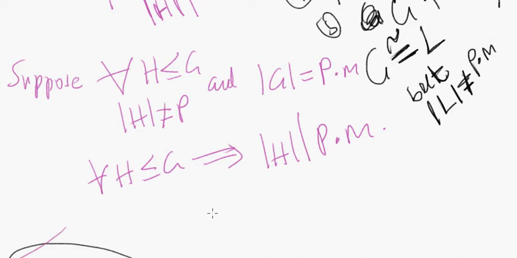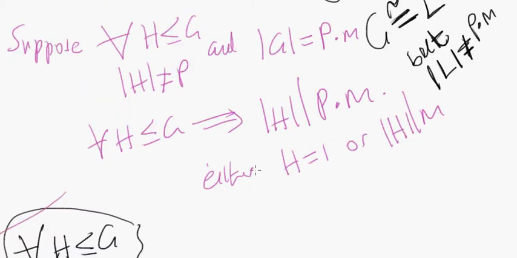So are we saying the following, that either H equals the identity, or the order of H divides M? Could we conclude that, if we know the order of H does not equal P, and the order of H must divide P times M? If H equals the identity, now we have two cases.